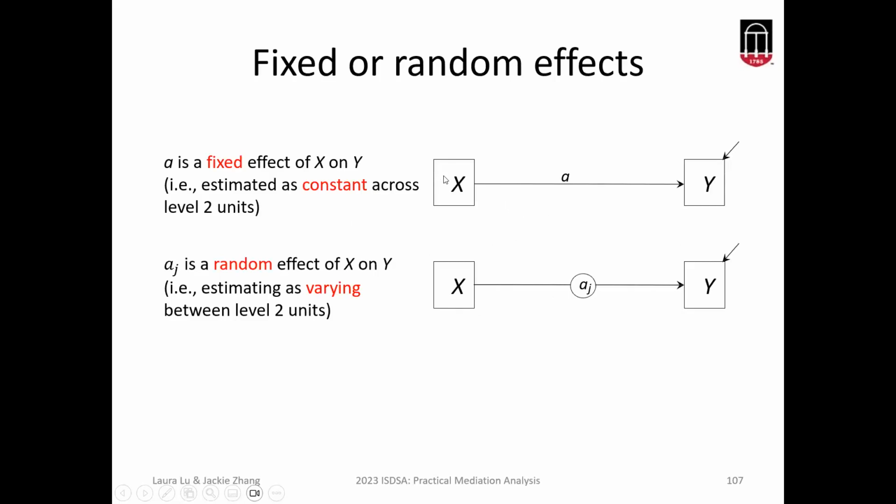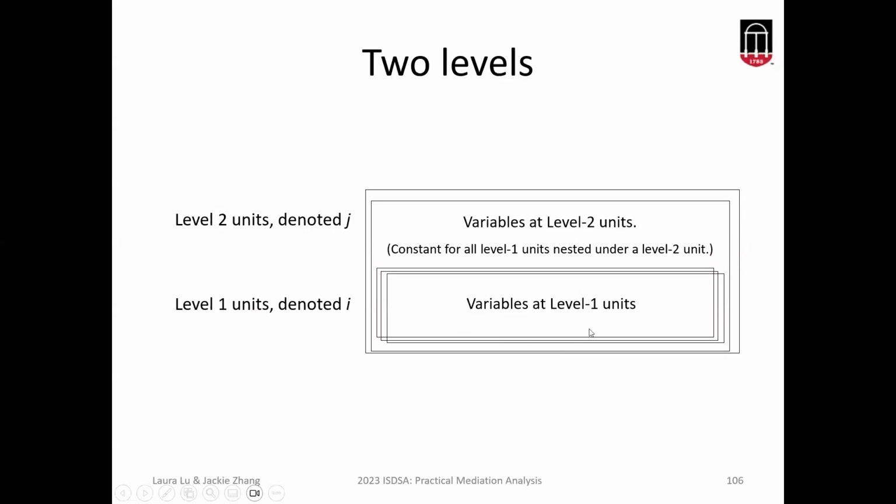Let's try to modify the coefficients a little bit. For example, A is constant from X to M, so we have this coefficient A. But if it's random, what does that mean? If it's not constant because we have level 2, what does that mean? For one classroom, we have a fixed coefficient, but we have multiple classrooms.